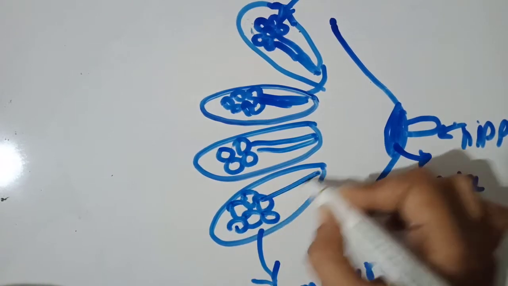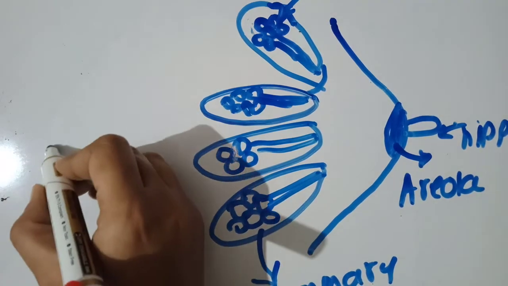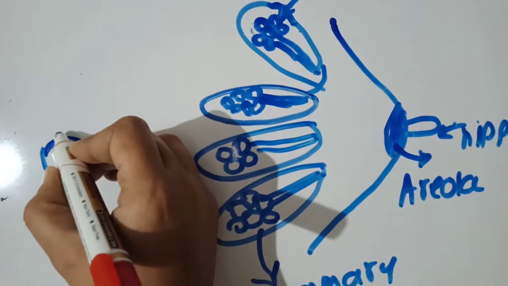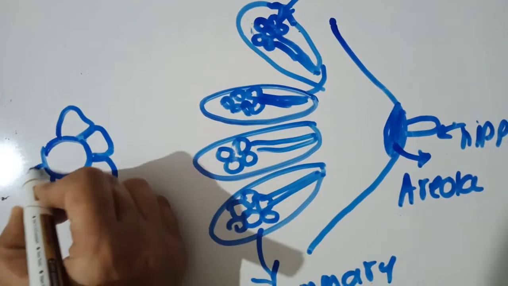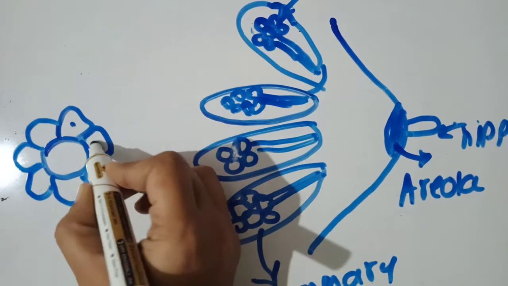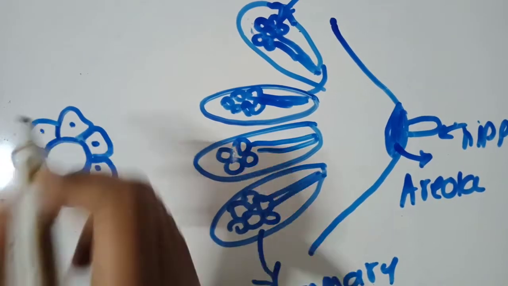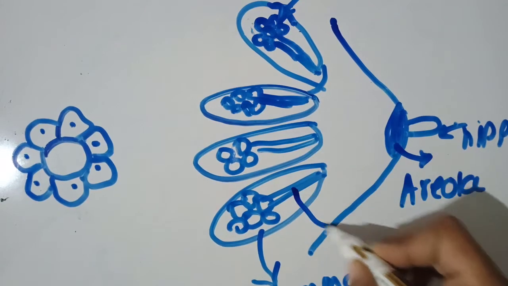If you see the actual structure, it looks like this. These are your cells, they have cuboidal epithelial cells. The cuboidal epithelial cells of these mammary glands secrete milk. This is called the mammary duct.